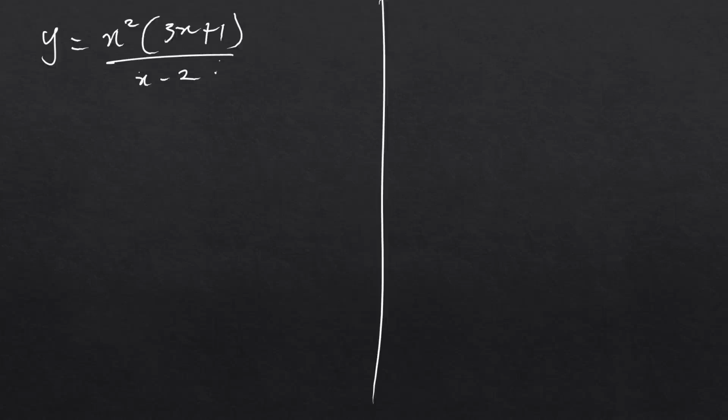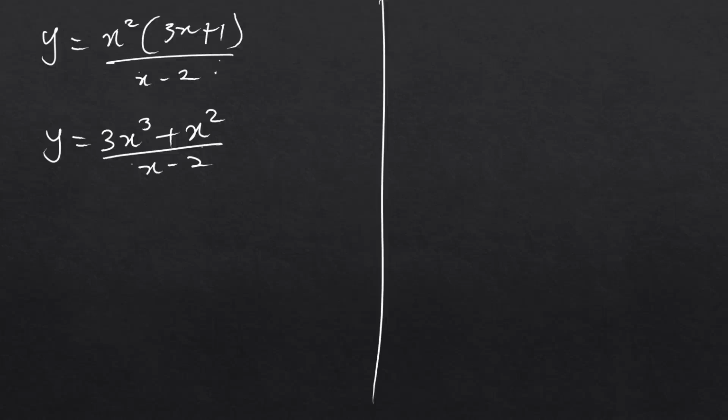Okay, let's assume you've tried to go through the answer. Now let me solve to see what I'm going to have. So in this case, I'm going to first open this bracket. I'm going to have 3x cubed plus x squared all over x minus 2.